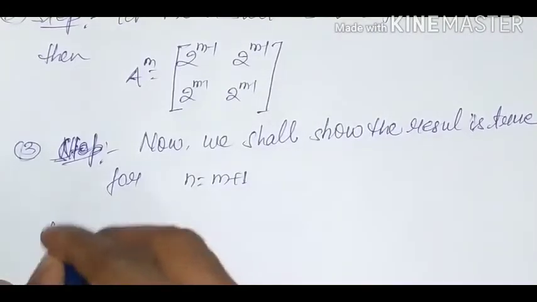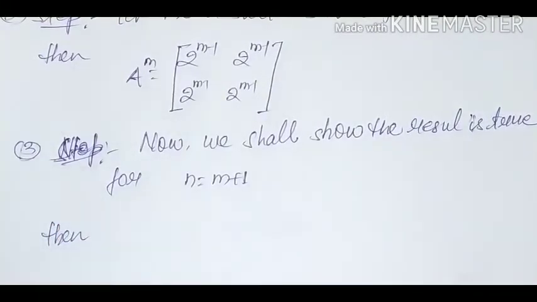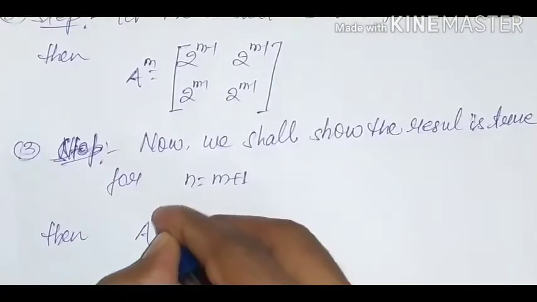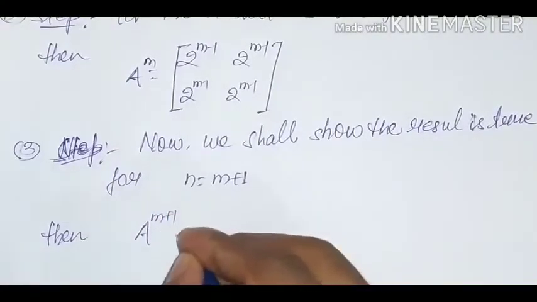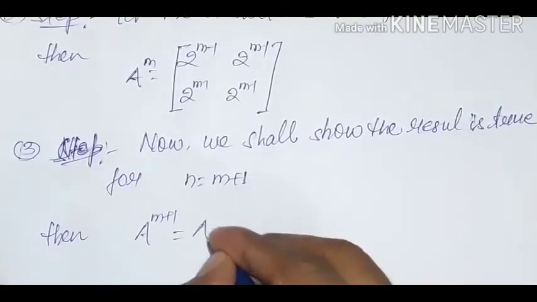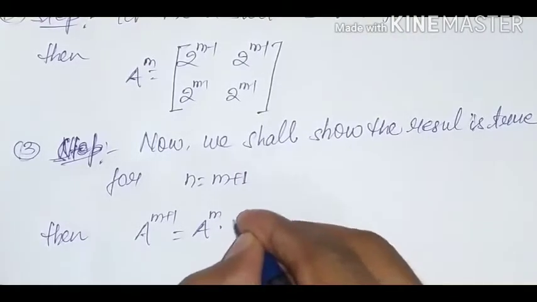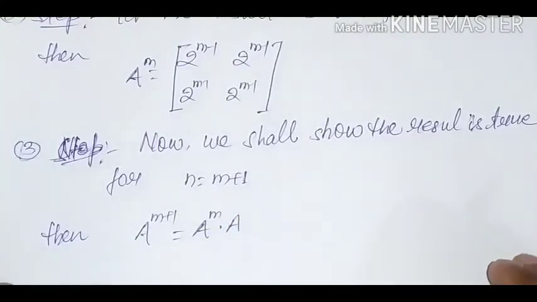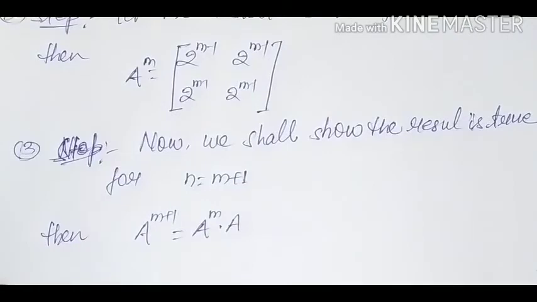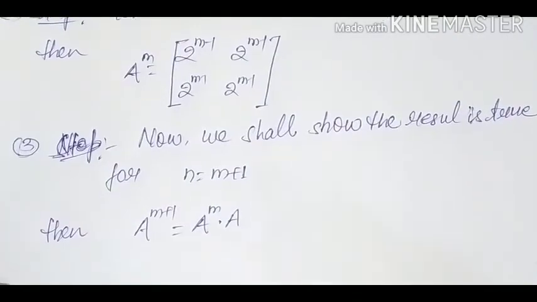Then A to the power m plus 1 will equal A to the power m into A, by the definition of integral power of a matrix.